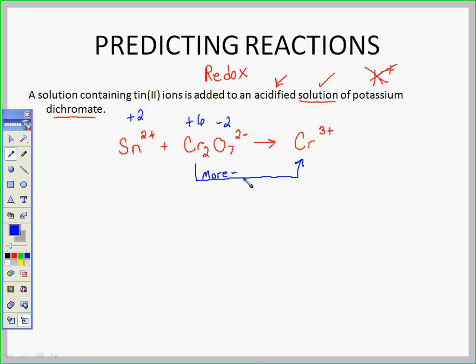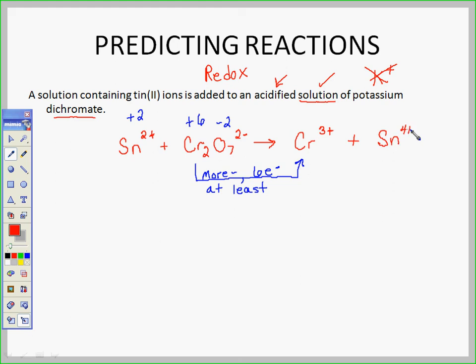And since there are at least 2 chromium ions here that have to be reduced, I go ahead and count that at this point. So I like to put in that I'm going to have to deal with a minimum of 6 electrons. Now, since the chromium was reduced, that means the tin had to be oxidized. And that's how I know this goes to tin +4.